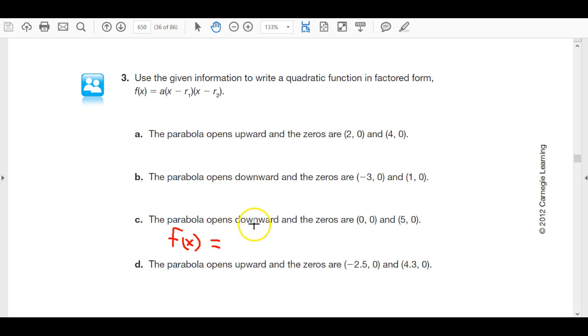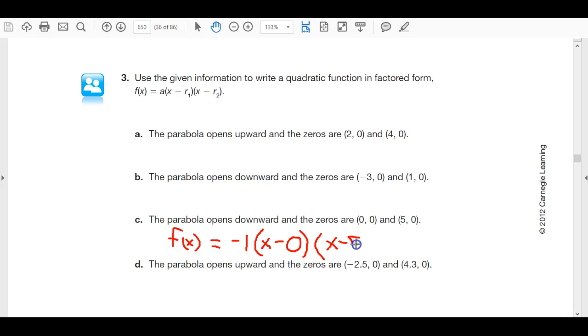And then if it opens downward, we've got to have a negative sign in front of A. A can be any number, so I'll just put negative 1. And then we're going to write x minus the first 0. Where's our first 0? At x equals 0, so we'll put x minus 0 and close that parentheses. And where's the second 0 going to be at? x minus 5.